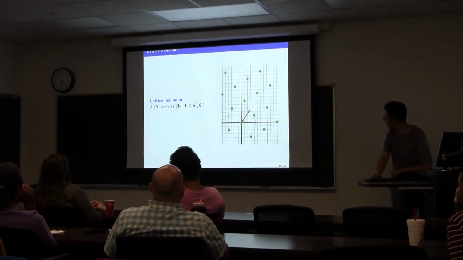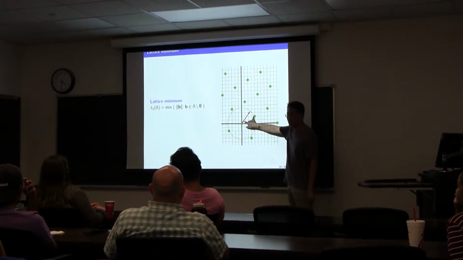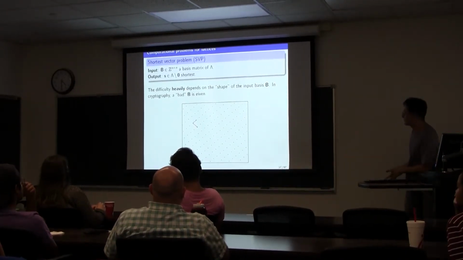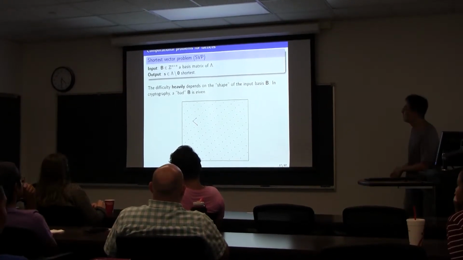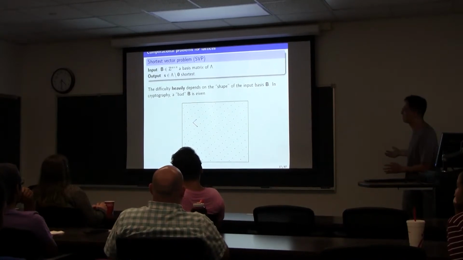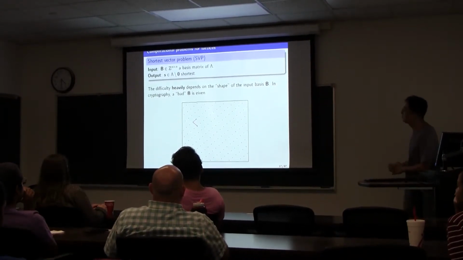So in the previous graph, we simply want to find this vector over here. That's our target. The difficulty mainly depends on two things. The first one is natural, which is the dimension of the object. If n becomes larger and larger, then the problem is harder to solve.